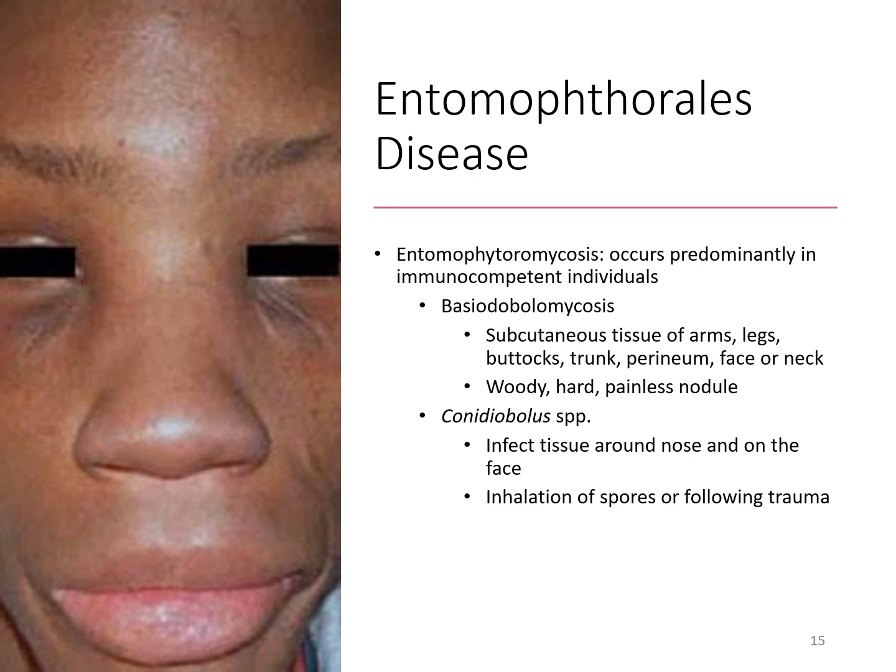Basidiobolomycosis causes subcutaneous lesions of the arms, legs, buttocks, and trunk with woody, hard, painless nodules. The Conidiobolus species infect tissue around the nose and on the face, and this happens after inhaling the spores. So you can see an example of that here, where you have all of that swelling in the face around the nose.